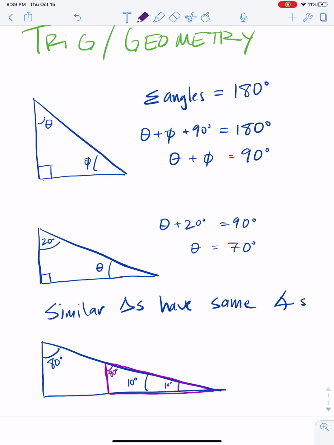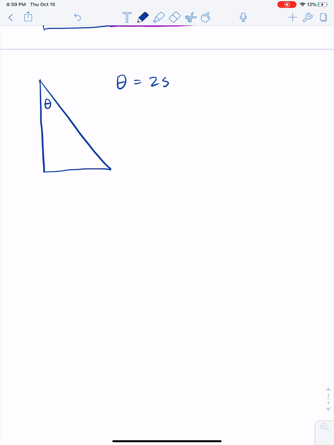Okay. Now the next thing we want to review is how to use our trig functions. So let's draw another triangle here. Let's say we know that this angle theta is 25 degrees. And say we know that this side is 5 meters.